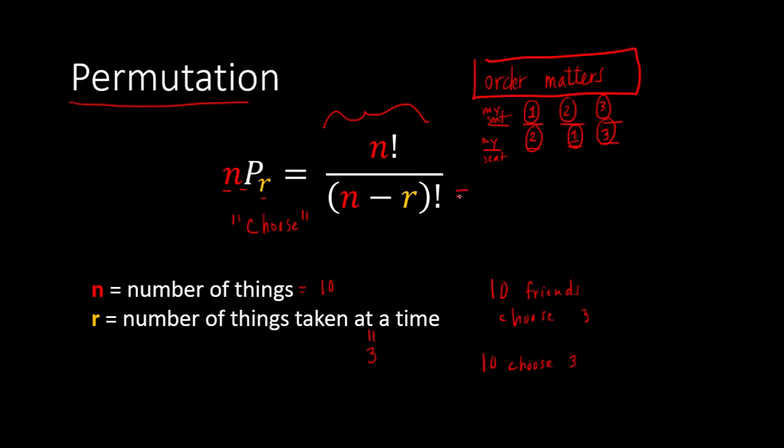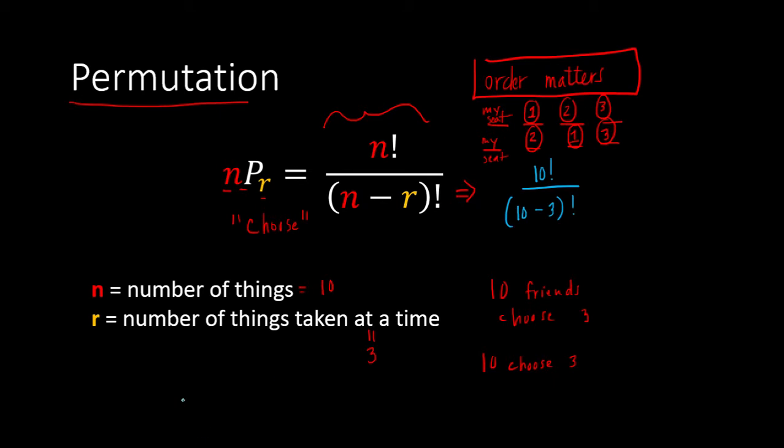So if I wanted to solve this, I would take n factorial, so n is 10, my number of friends, over n minus r factorial. Remember, factorial means to take the product of the integer and every whole number below it between 1 and the number and multiply them.